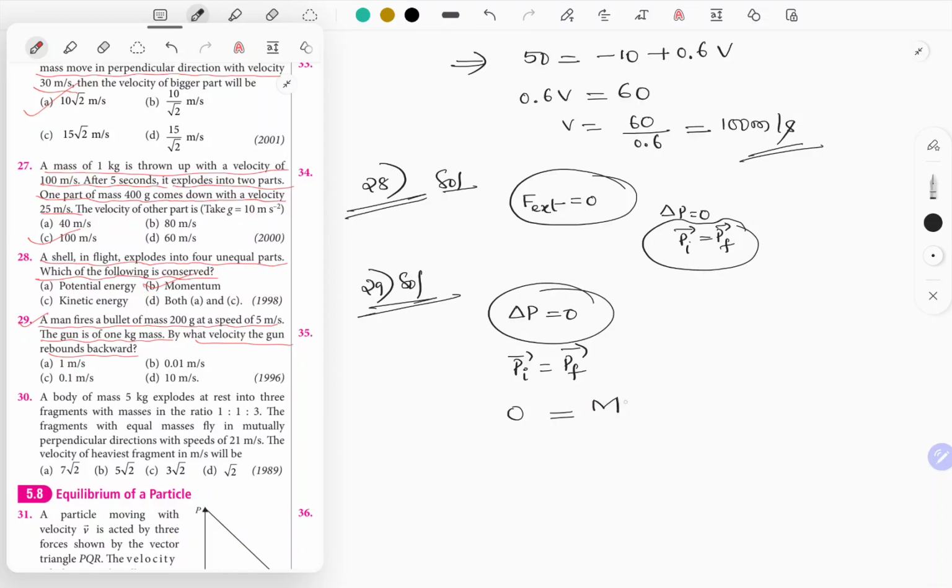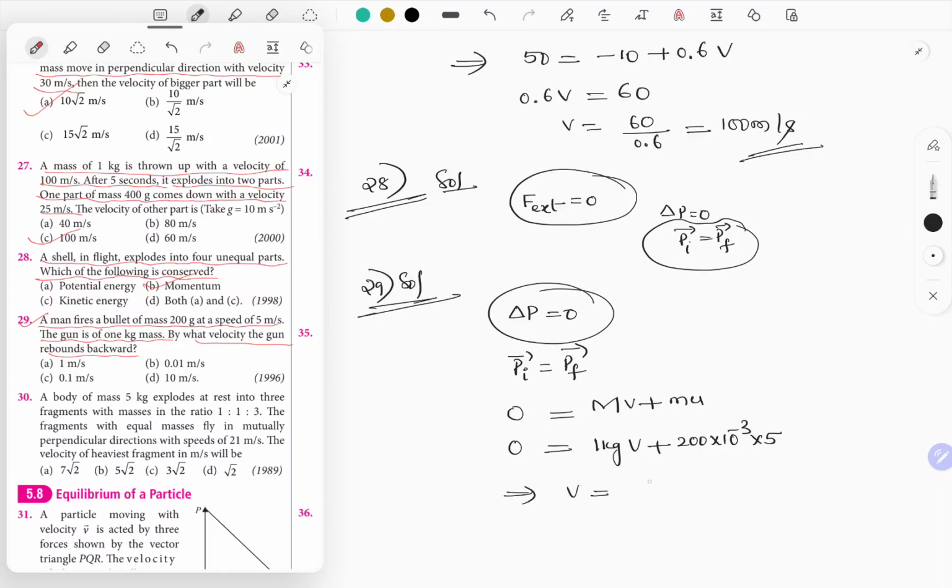Mass of the gun into velocity of the gun plus mass of the bullet into velocity of the bullet. 0 is equal to 200 grams. Mass of the bullet is 200 grams at a speed of 5 meter per second. 200 into 10 power minus 3 into 5 meter per second. Mass of the gun is 1 kg. Velocity v, that's what we have to find out.